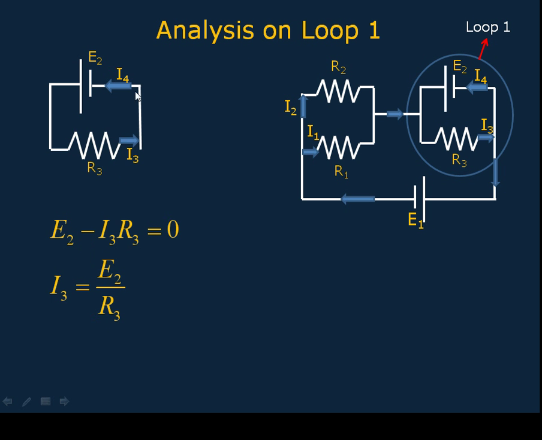Now you can ask, what about I4? There is a current there left over from our original picture here, but that I4 doesn't really go through any resistor, at least in this part of the circuit, so we do not count it. So this equation readily gives us the current I3 since we know both the quantities on the right hand side.